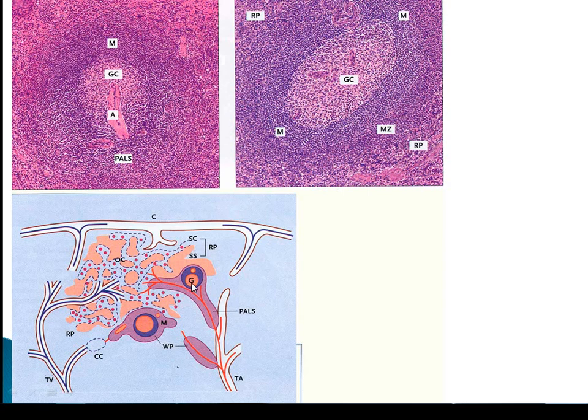That is the site of migration of these cells. Red blood cells, lymphocytes, and plasma cells migrate through the wall of this marginal zone. Here interdigitating dendritic cells present the MHC epitope complexes to T lymphocytes.